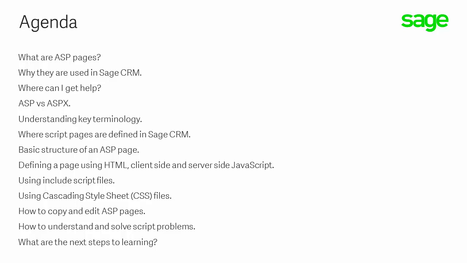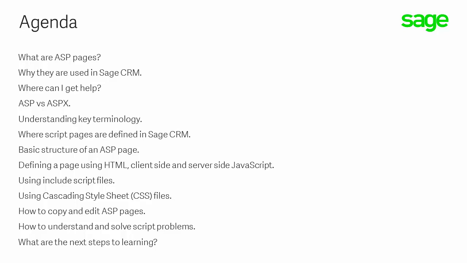That'll come up largely when we're talking about .NET and the other types of web services later on in the training. We'll understand the key terminology that gets bandied around, things like the request, the server and the response, so we understand what's going on when we're thinking about scripting pages.